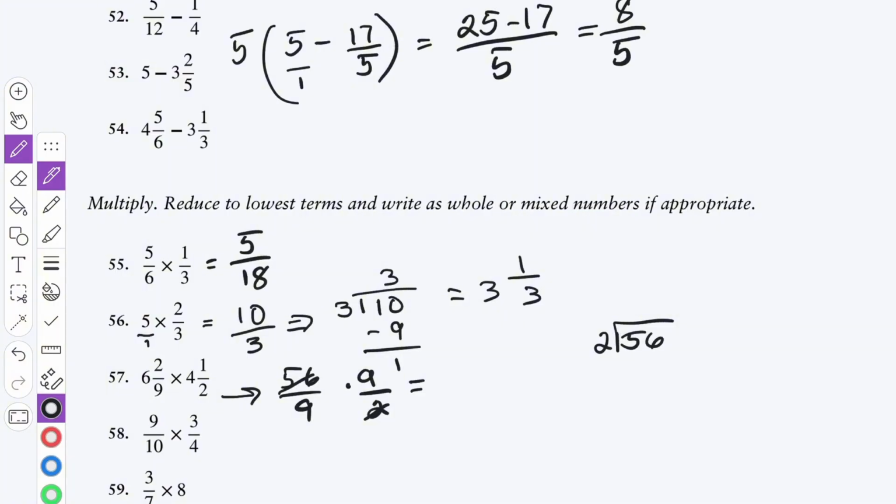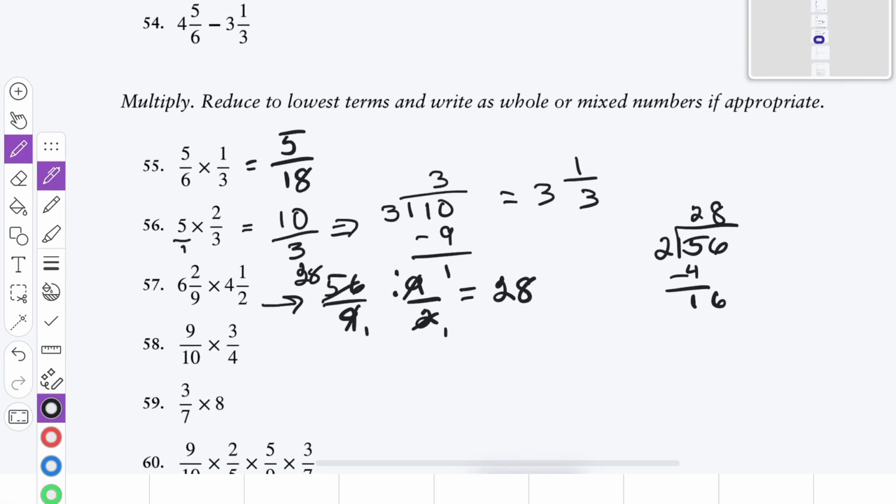Okay, so we got 2, 4, 1, yeah, it's 28. Okay, so this would be 28, and I can cross out the 9 and 9 because that's a 1, so I end up with 28, right? So 28 times 1 is 28, and then down here, that turned into a 1, that turned into a 1, so 28 over 1 is 28.